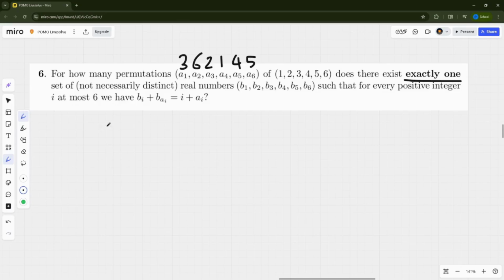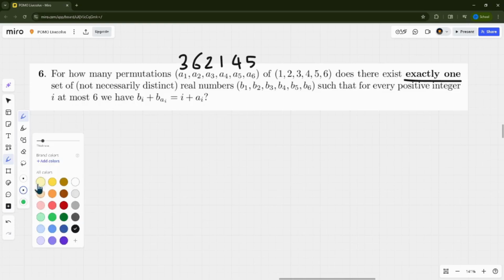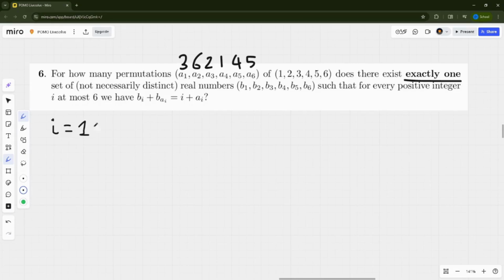For example, you have b sub i plus b sub a sub i is equal to i plus a sub i. So let's substitute 1 to 6. If i is 1, we have b1 plus b3 is equal to 1 plus 3, or 4.